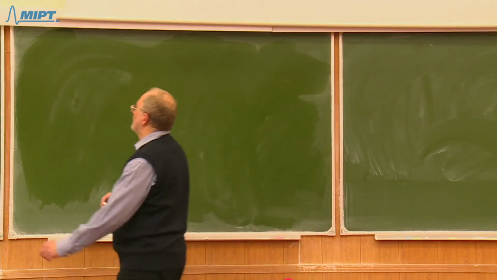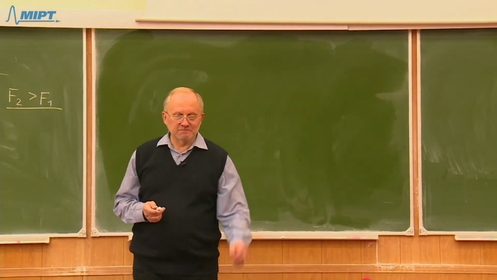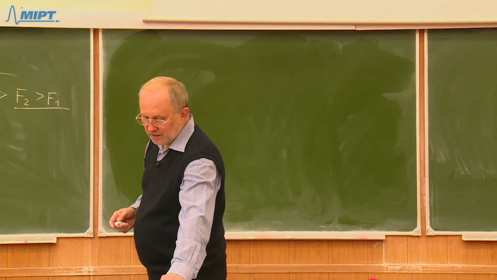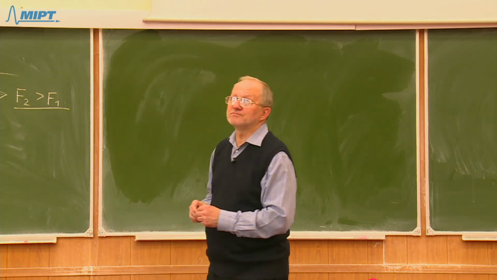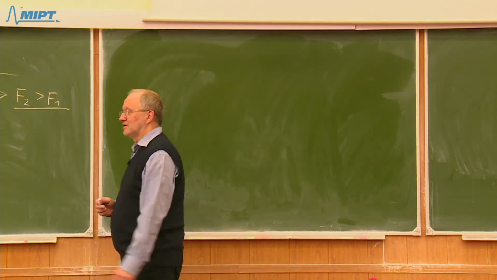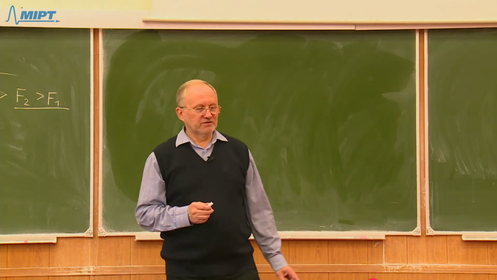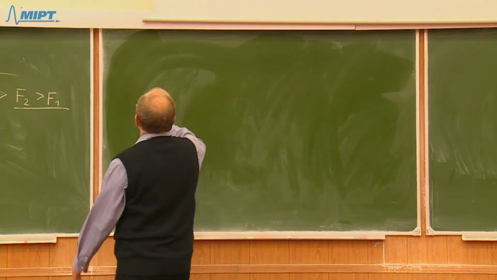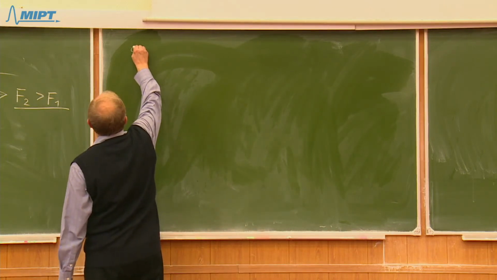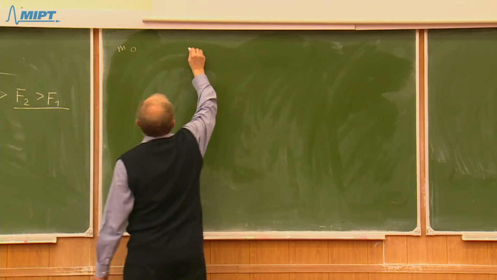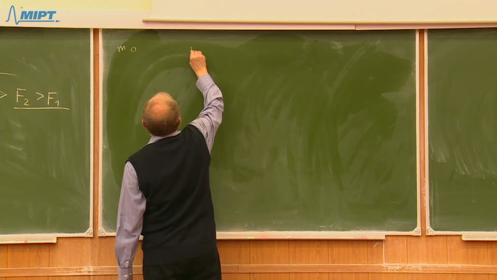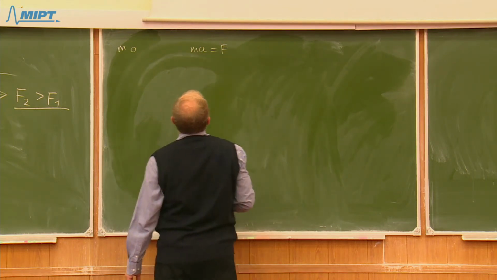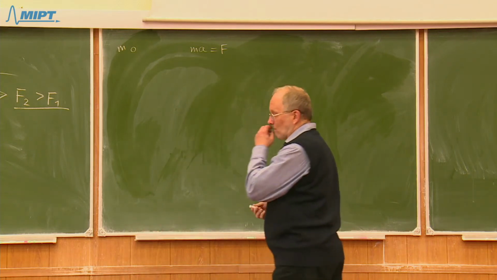And the next topic I would like to discuss will be the law of conservation of momentum, a very important thing in physics. So again, I consider a particle or a body of mass m, and if the body is accelerated, then there must be a force acting on it.